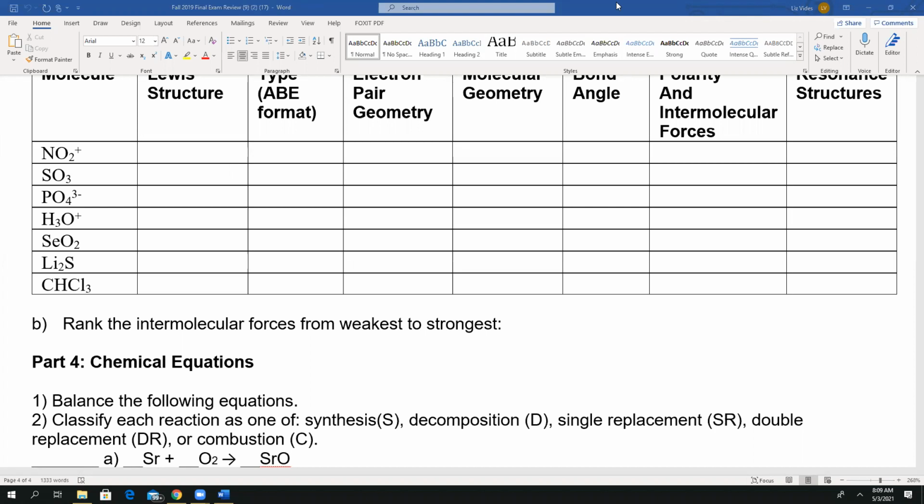So let's see, which ones do we want to do? We want to do this one, these 4, okay?